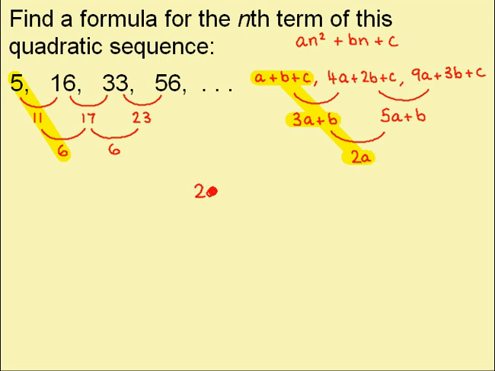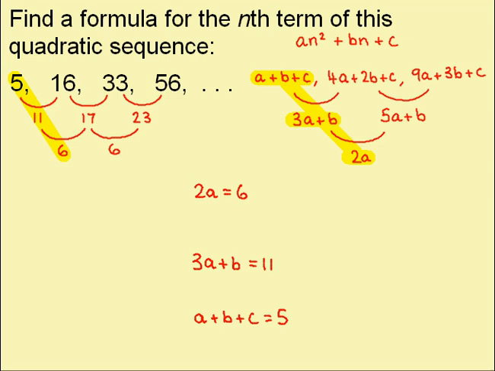So we have 2a equals 6, 3a plus b equals 11, and a plus b plus c equals 5. I'd now like you to solve these 3 equations to find the values of a, b and c.